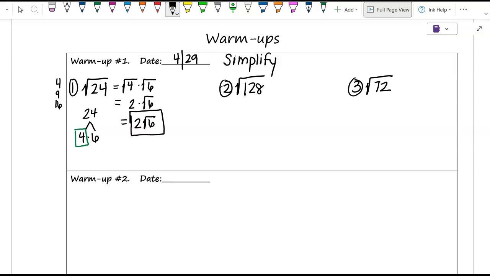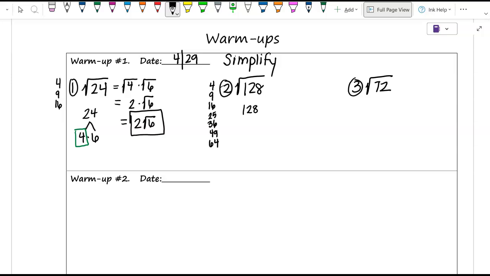The second one, the square root of 128. So 128, I'm looking at 4, 9, 16, 25, 36, 49, 64 would be the last one. Do any of those go into 128? 64 is the largest.